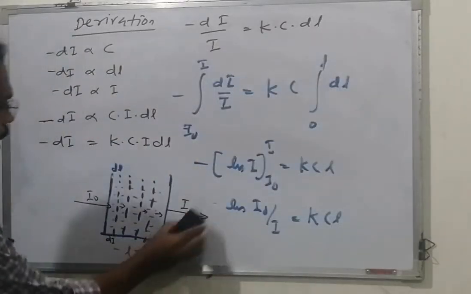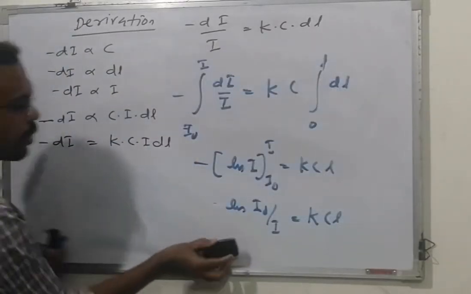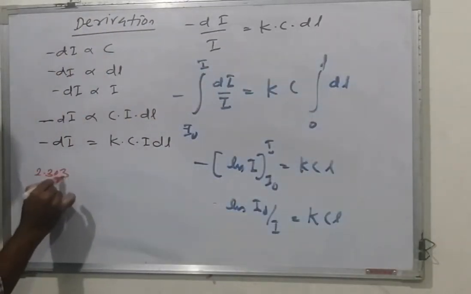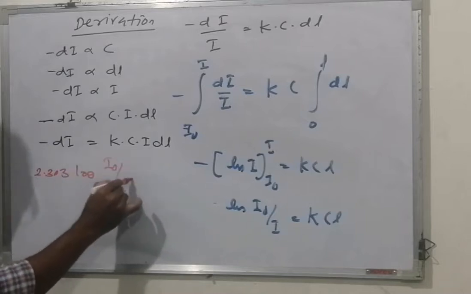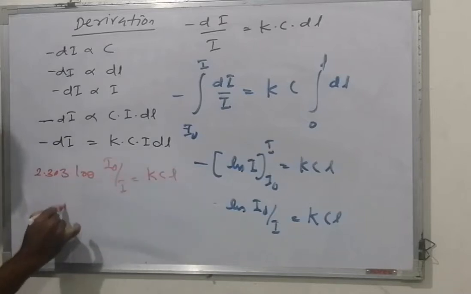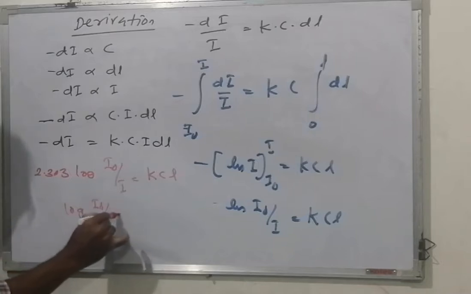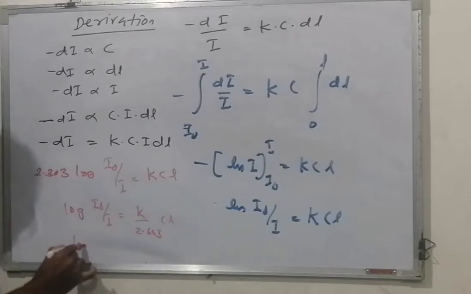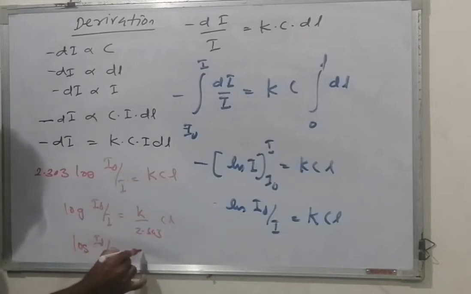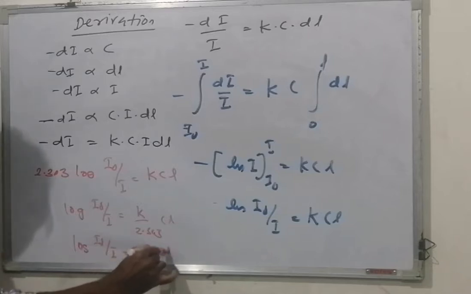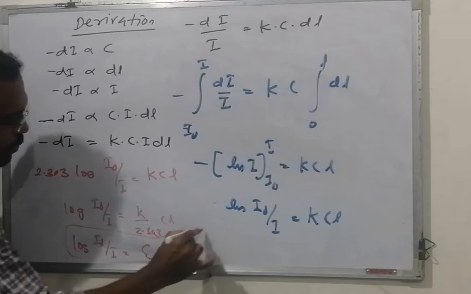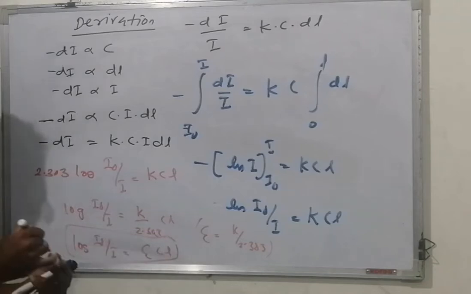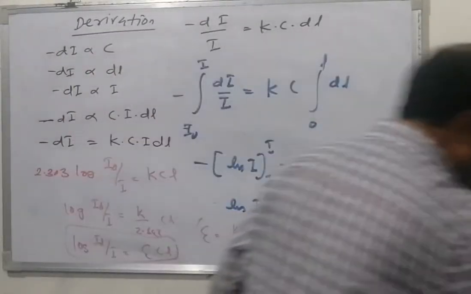Now we can convert it to the logarithm to base ten. Therefore it will be 2.303 log I0 by I is equal to k c l. Therefore log I0 by I is equal to k by 2.303 times c l, or log I0 by I is equal to epsilon c l, where epsilon is equal to k by 2.303. This epsilon is called molar absorptivity.